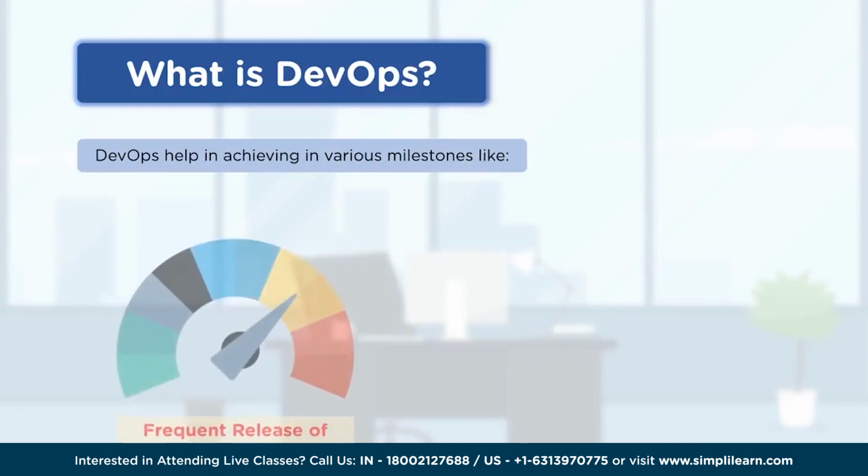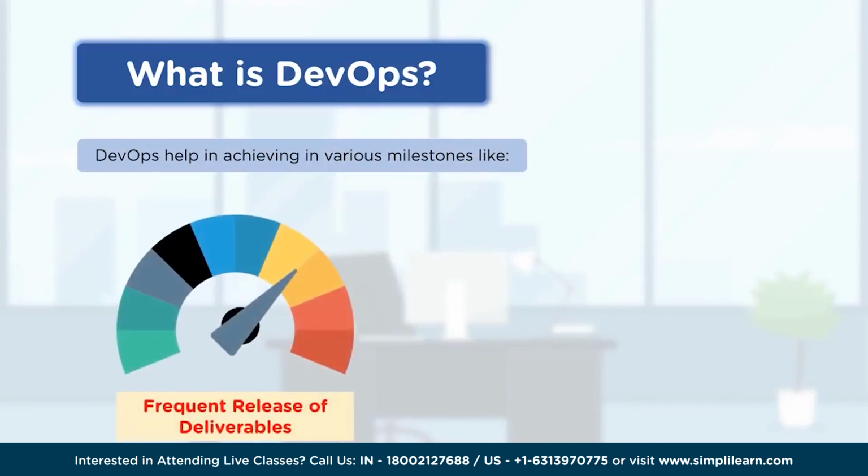Now, DevOps really helps us to achieve a lot of milestones. Let's talk about them one by one. The very first one is that it helps us get frequent release of deliveries. We were doing releases prior to DevOps also, but not that frequently. Probably people were doing them every quarter, every 3 or 4 months. That was the time duration used by the team to deliver the source code into a specific environment.